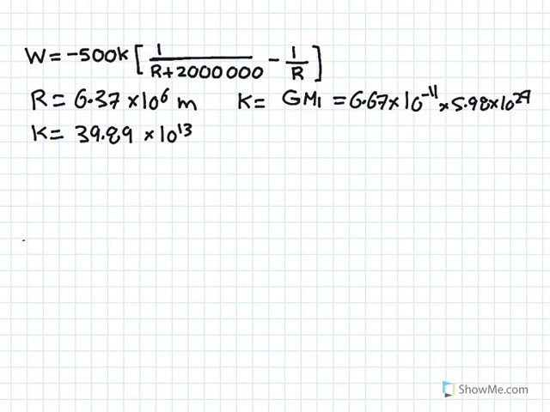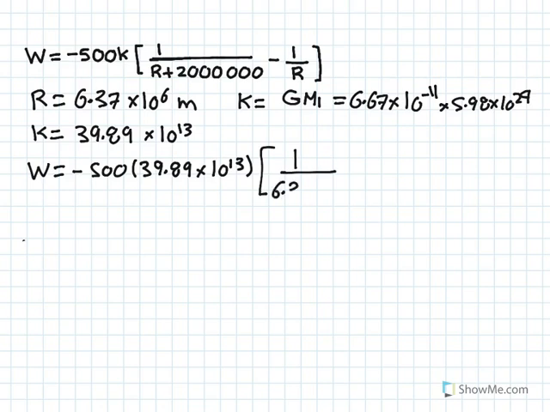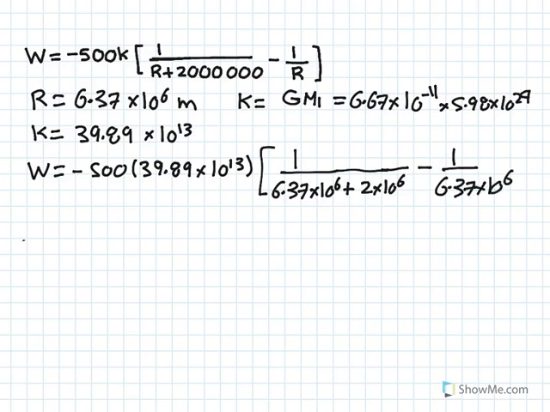So let's substitute K and capital R, to make our computations easier. So we get minus 500 times 39.89 times 10 to the 13 times 1 over capital R, radius of Earth, that's 6.37 times 10 to the 6 plus 2 times 10 to the 6, which is the orbit of the satellite, 2,000 kilometers, which is 2 million meters, 2 times 10 to the 6 meters, minus 1 over 6.37 times 10 to the 6 meters.